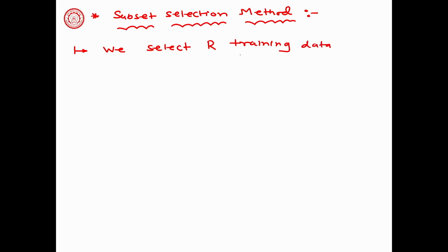So this is basically the subset from the available n. This is the total. Like I have 10, I will select 2. So then n becomes 10, r becomes 2.